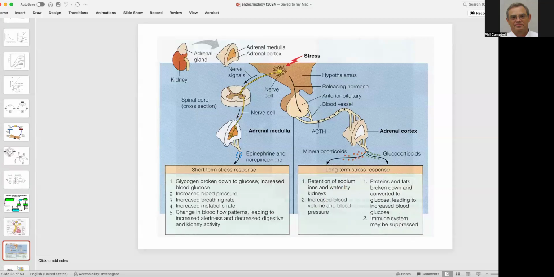Another thing the hypothalamus does, since it's part of the nervous system, is that it is not only producing these hormones that are locally delivered from the hypothalamus to the anterior pituitary, and we'll talk about how that works in a moment, but it is also hardwired to outside of the central nervous system.